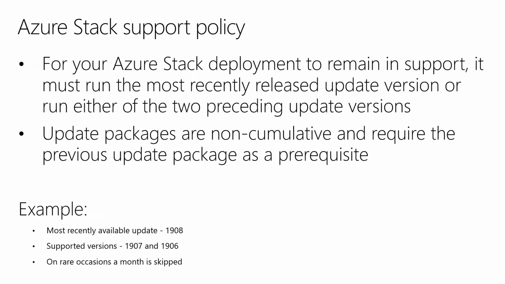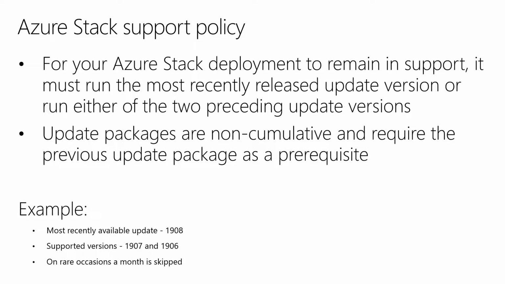Azure Stack support policy, and that's something that you've already seen in our patch and update module. It's important for Azure Stack to remain in support by running within a supported window of versions. And as of today, the support window is 3 releases.